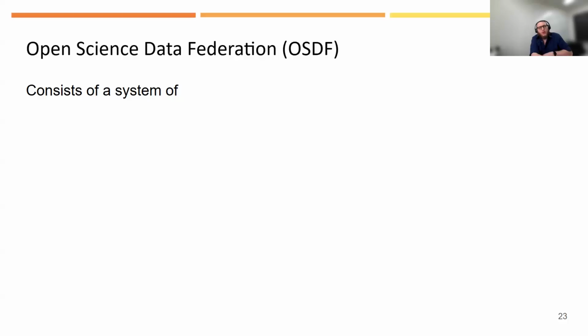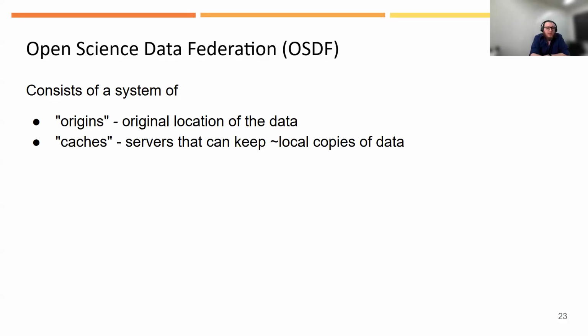All right, so what is the OSDF in terms of its components? There is a set of origins. These are the original location of the data, and they know how to access the data that we want to ship around through the OSDF. And then there's a set of caches that we've set up, and these are the servers that can keep local copies of data.